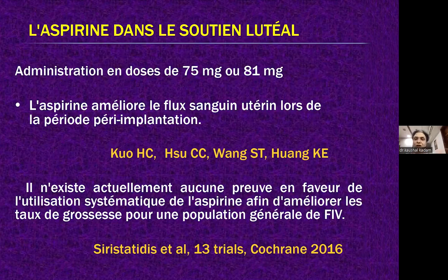The moment you start with the progesterone, you open the implantation window and then you plan the transfer. What is important is that studies have shown you have to have at least 3 to 5 days of progesterone before the day of transfer.